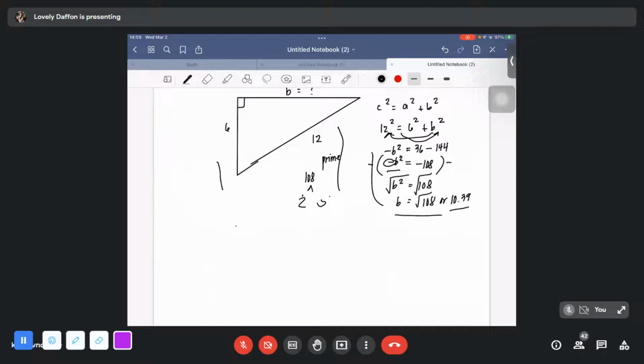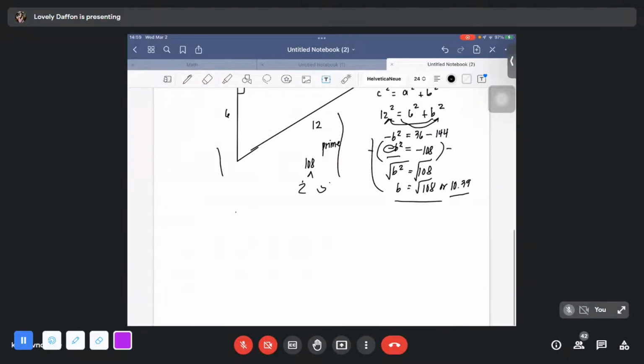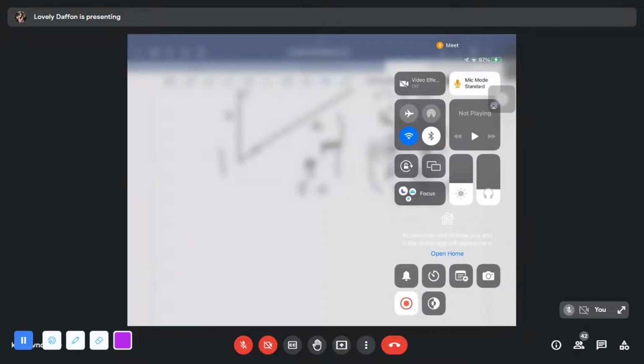Mag-type na lang ko. Pwede ko na mag-connect sa Wi-Fi. Ang akong problema kay nalobat akong pen, hindi na siya masulat.